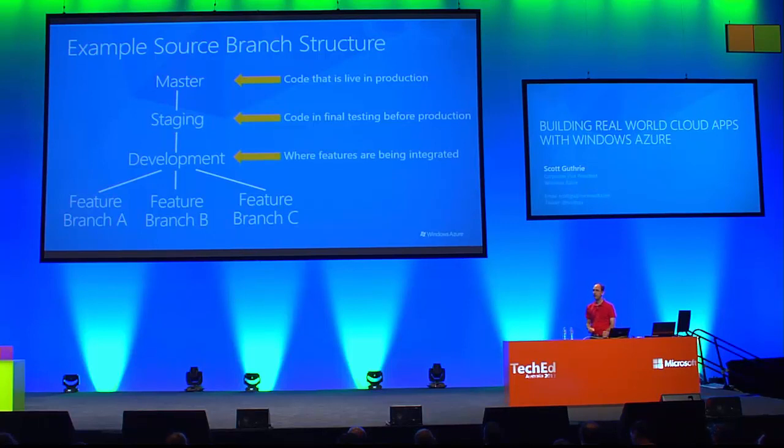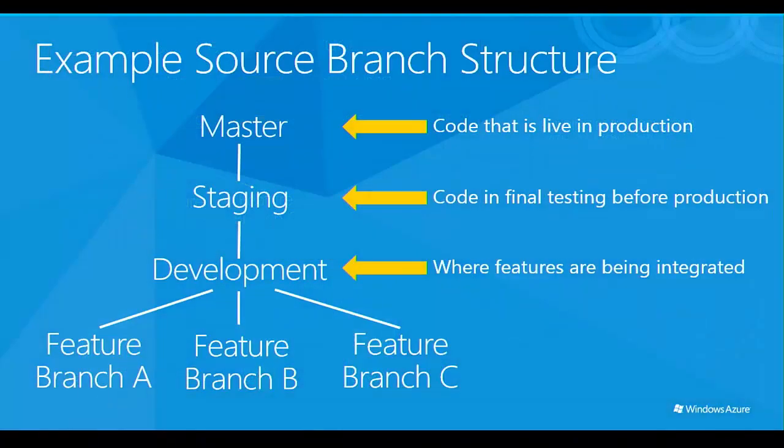If you have a small team or just yourself, just have a simple development branch. But if you have a larger team, you might also have sub-branches where you have different developers working on different features. And basically the workflow, check it into development, put it into staging, put it into master, and know what each branch's use and value is for.